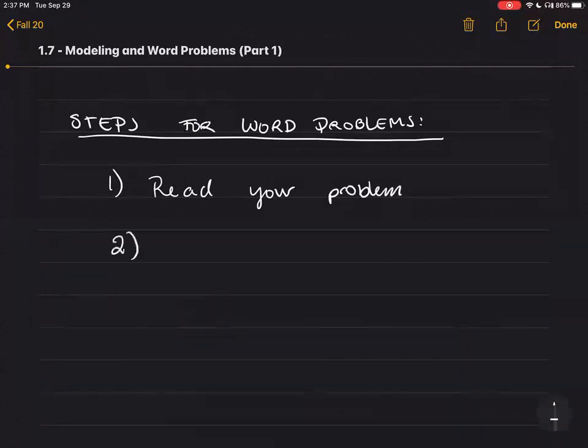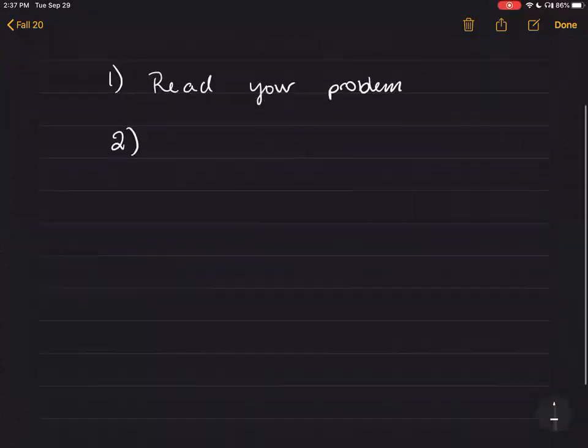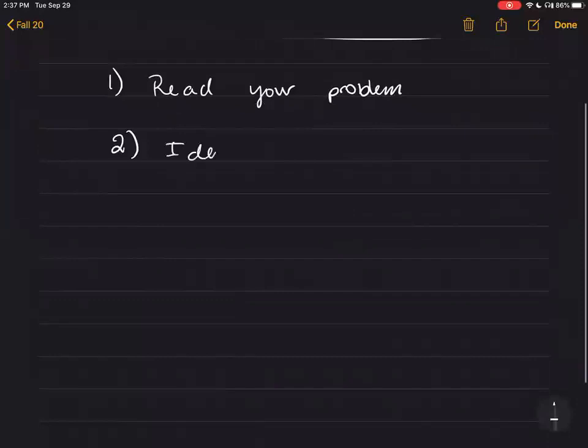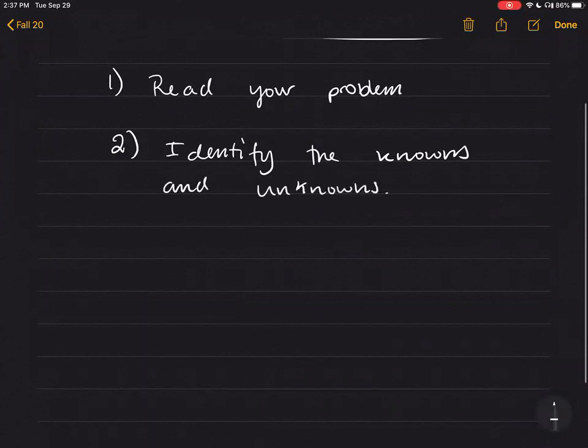And then once you've done that, identify the knowns and unknowns, right? So you identify what does the problem give you and what does it want you to find?